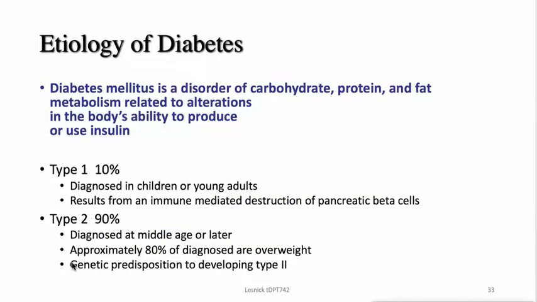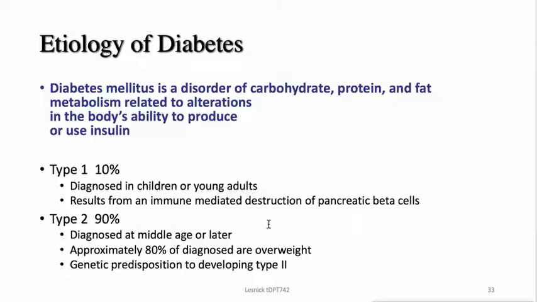Etiology. Again, diabetes is a disorder of carbohydrate, protein, and fat metabolism, related to the body's ability to produce insulin. So there's type 1 diabetes, which is about 10% of cases, typically diagnosed in children or young adults, and this results from an immune-mediated destruction of the pancreatic beta cells.